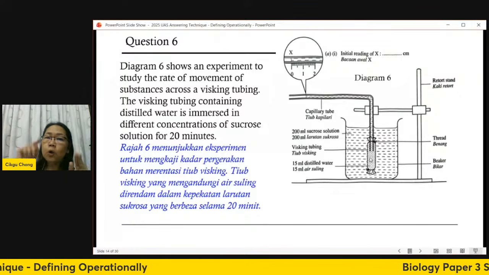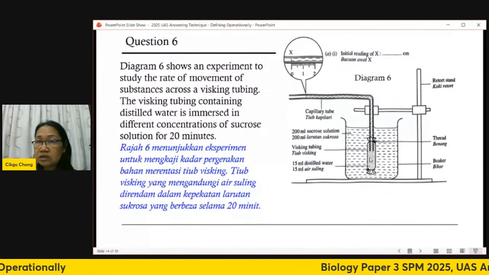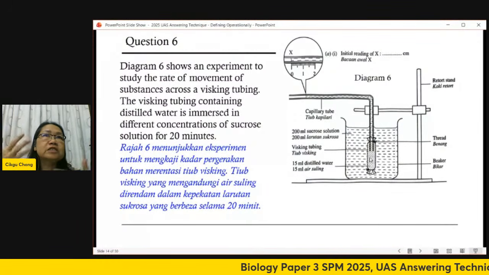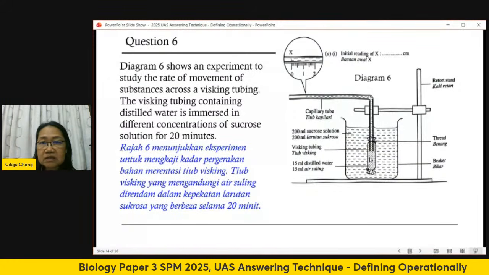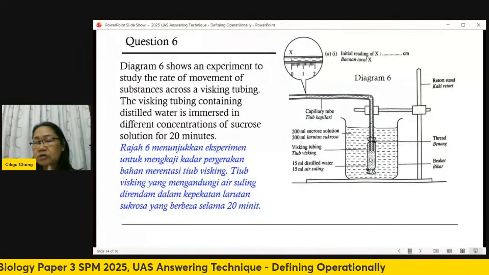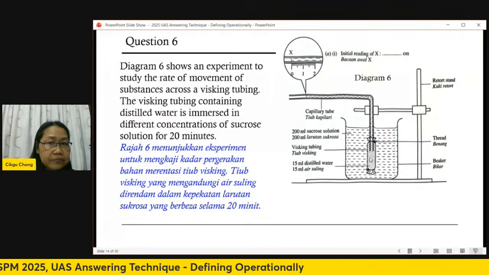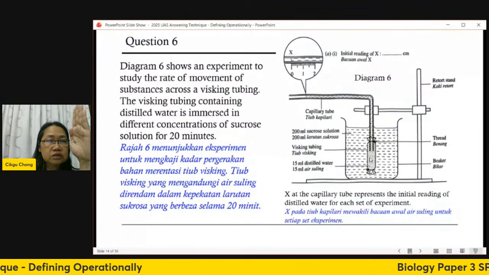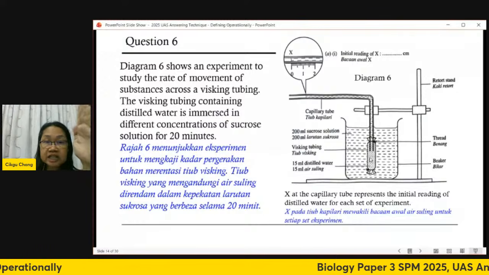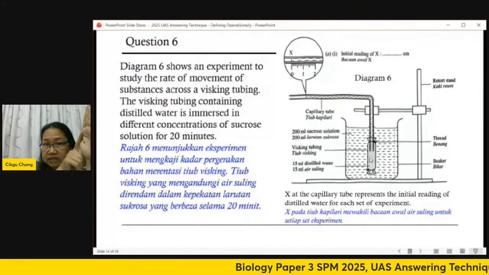So you have to use your grey cells a little bit. When you do the experiment, you need to know that osmosis will occur. The X here is the initial reading; your water is until this level.